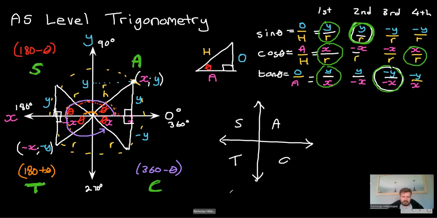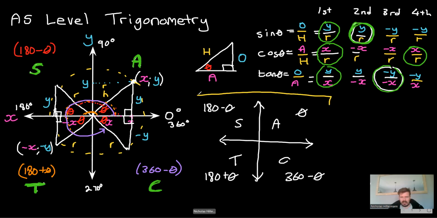Otherwise, it's negative. The other thing we need to know is that this is a theta acute angle. This is 180 minus theta in this quadrant. This is 180 plus theta in this quadrant. And this is 360 minus theta in this quadrant. So the thing that we're going to learn off by heart is this. The rest of the stuff that I went through is just an understanding of how it came to be like that.